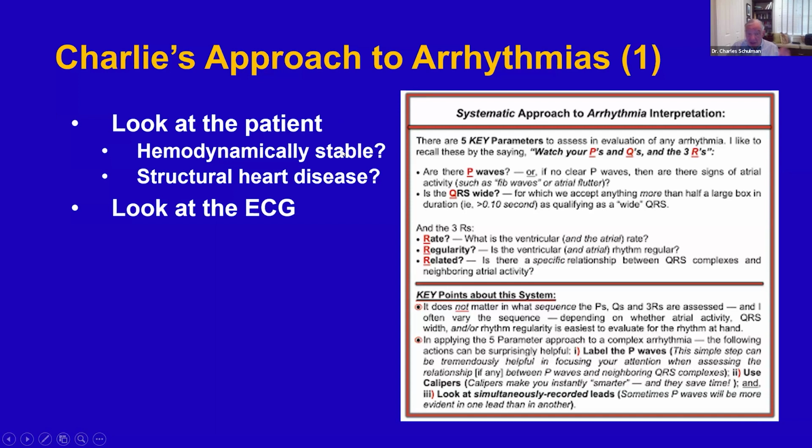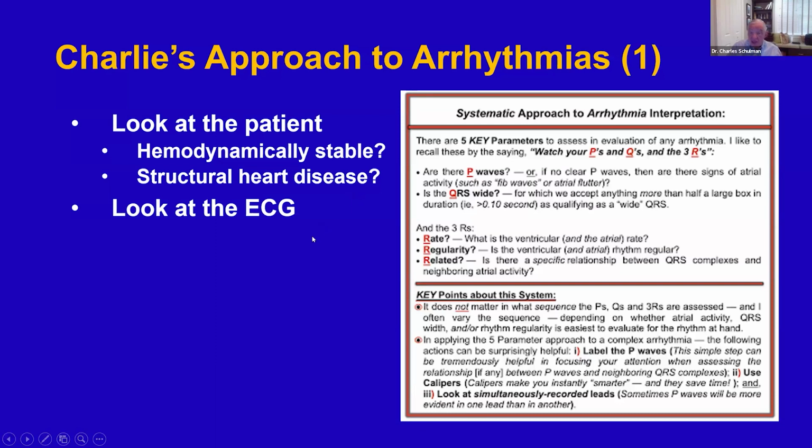If not, you may need to cardioverse the patient no matter what the rhythm is. If the patient is stable, then you have time to do a 12-lead ECG and to examine it, et cetera, et cetera. In addition, does the patient have structural heart disease? Does he or she have valve disease? What is the ejection fraction? Because that will impact your treatment.